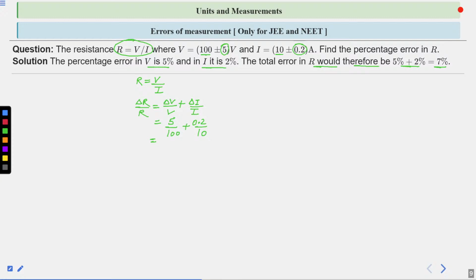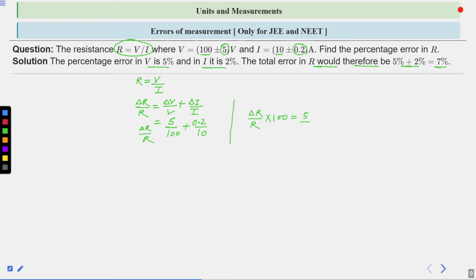Yes, relative error and absolute error are both different. So when we add delta R divided by R, it will be the relative error. Now if we talk about the percentage error, it will be delta R divided by R into 100%. So you will get the percentage error.